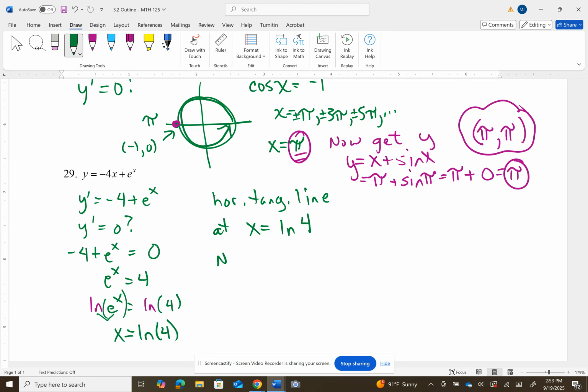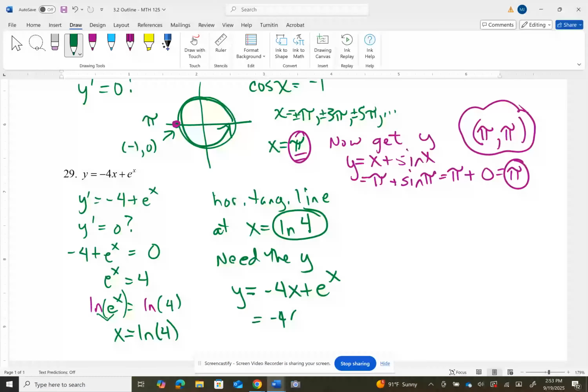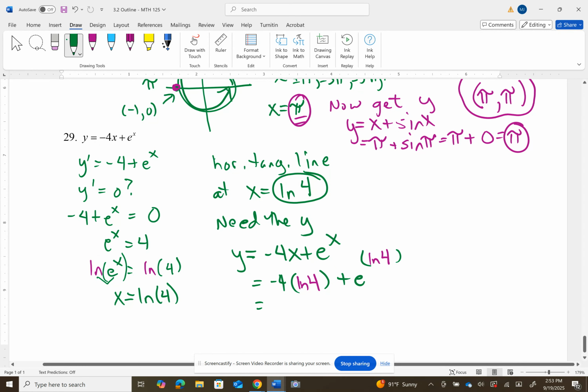So now you need the y coordinate. So you go back to your y equation, and where you see an x right there and right there, you're going to replace it with natural log of 4. Okay, so -4 natural log of 4, and then e raised to ln of 4.